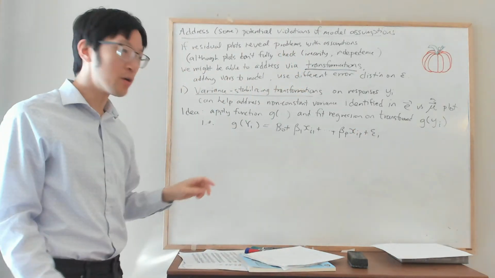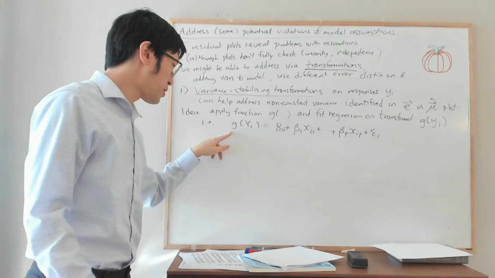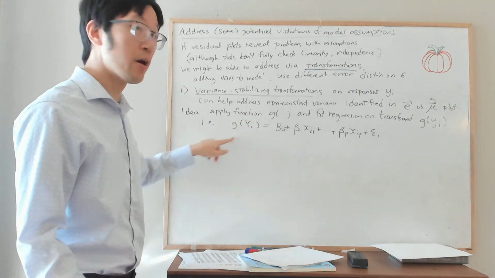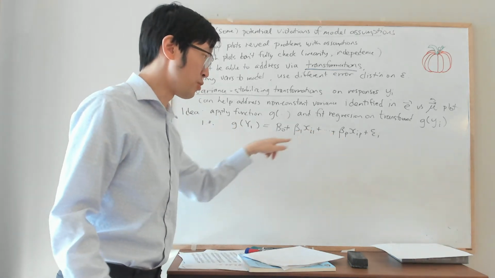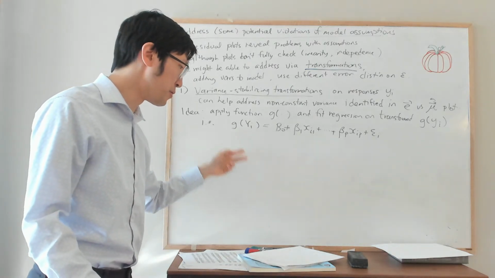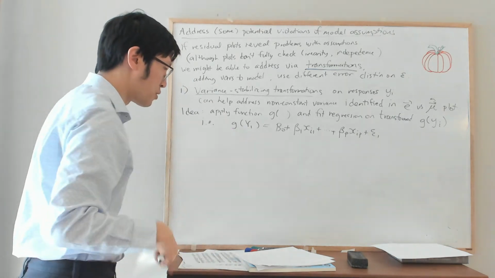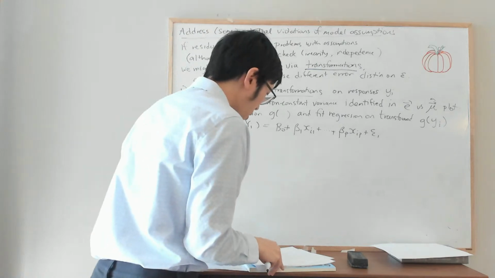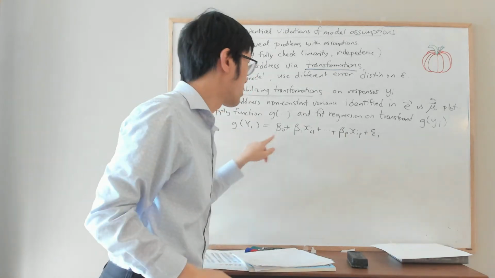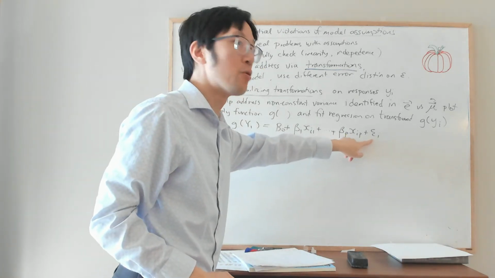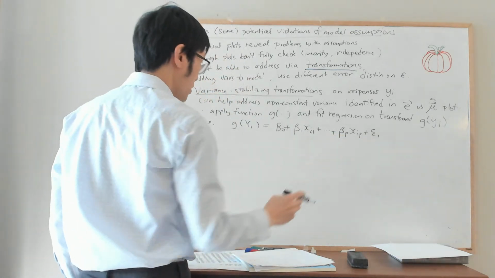Okay, the reason I write this out is that once we do a transformation, it can drastically change the scale of the response. Compared to fitting yi on the predictors, g(yi) could have a very different look in terms of the residuals, because the transformation can change the scale of the response. By writing it out, we notice that we're not changing anything on the right side, so the residual term is also going to change with the transformation. So we have to be careful in how we interpret the residual.